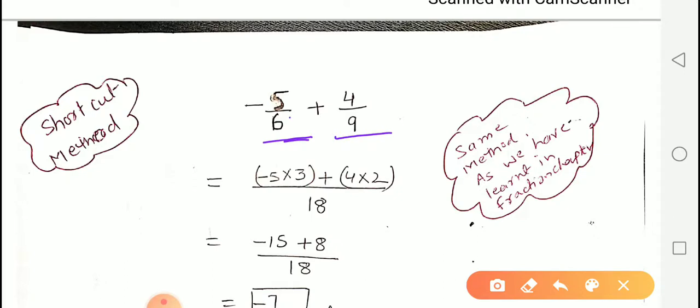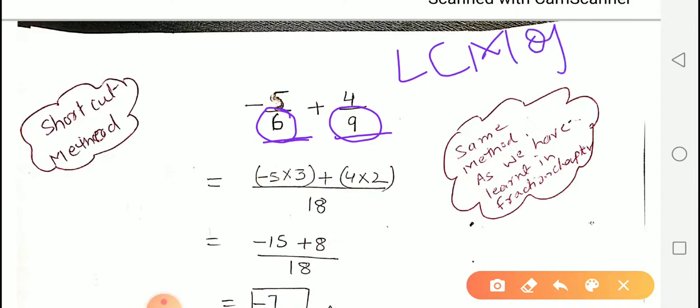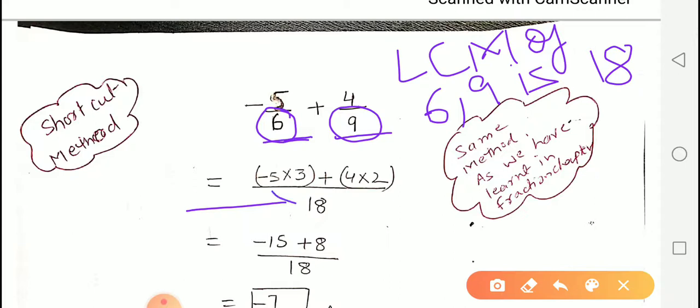Here the denominators are different, and the LCM of 6 and 9 is 18. Then here we write the common LCM.